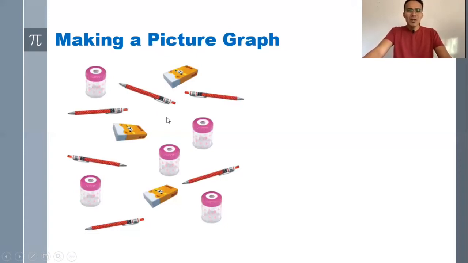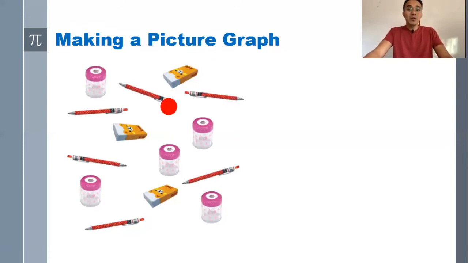But sometimes the objects given are difficult to draw. That's why as early as now, we have to practice to use other objects in making our picture graph. This is what we are going to do. We can use a red chip or counter to represent the red pens.